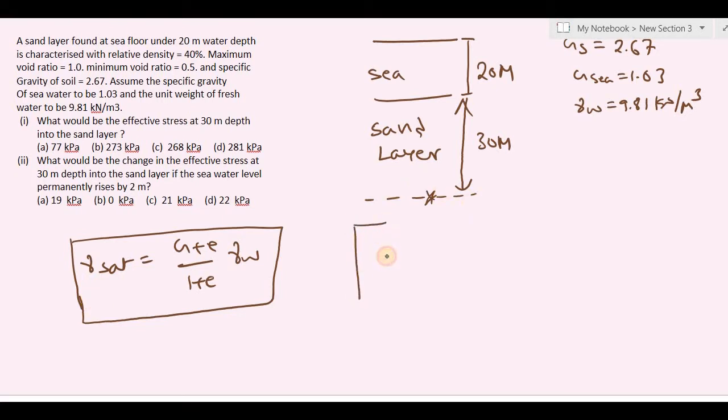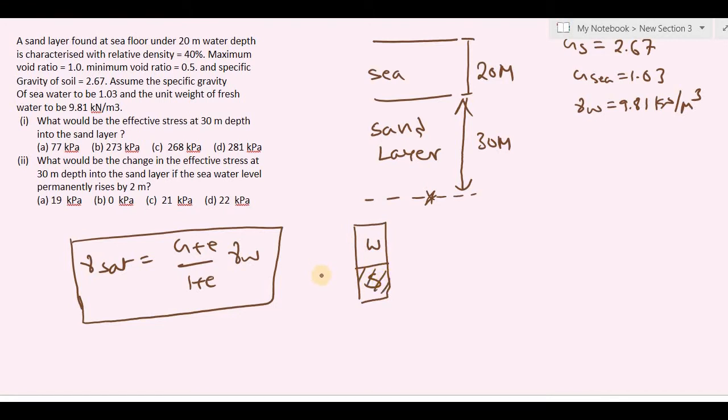So the formula is derived for gamma sat, which means fully saturated. If it is fully saturated, in that case it is a two-phase diagram, where solid and water are present.